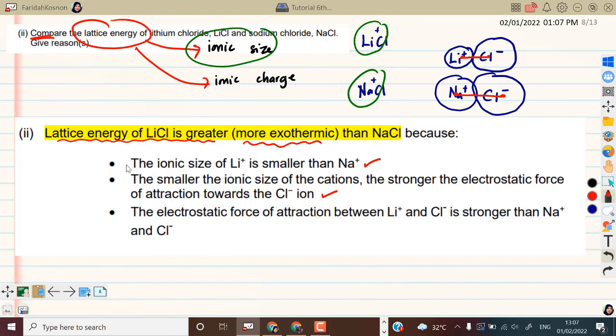Sebab dua-dua ni mengalami electrostatic force attraction dengan chloride ion. Therefore, the electrostatic force of attraction between lithium ion and chloride ion is stronger than sodium ion and chloride ion. Mesti compare sebab soalan memang suruh compare.